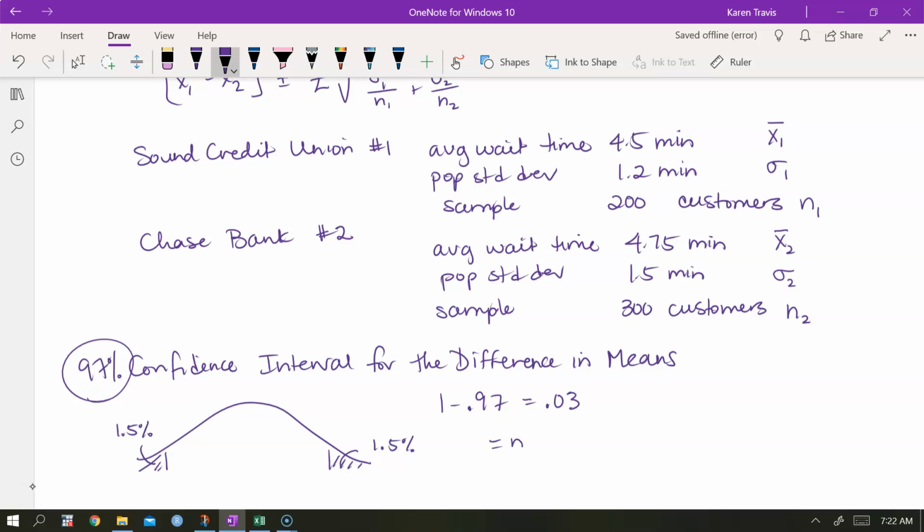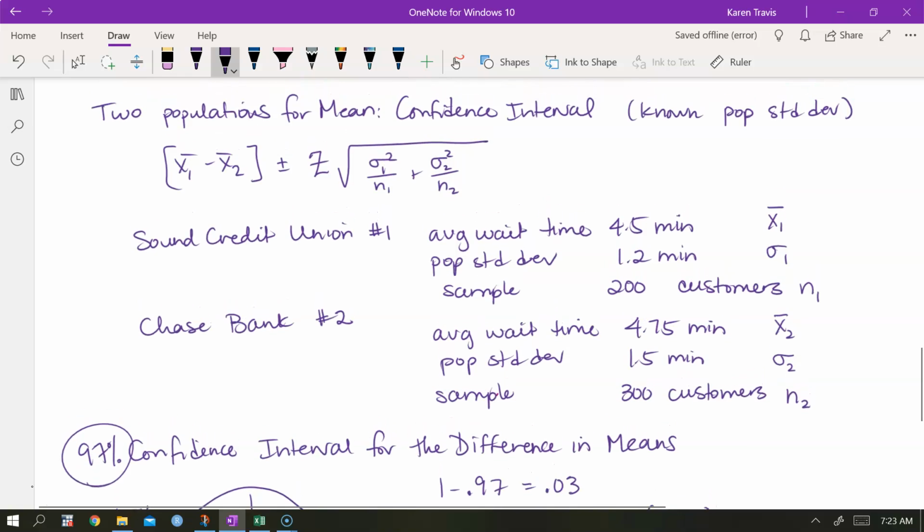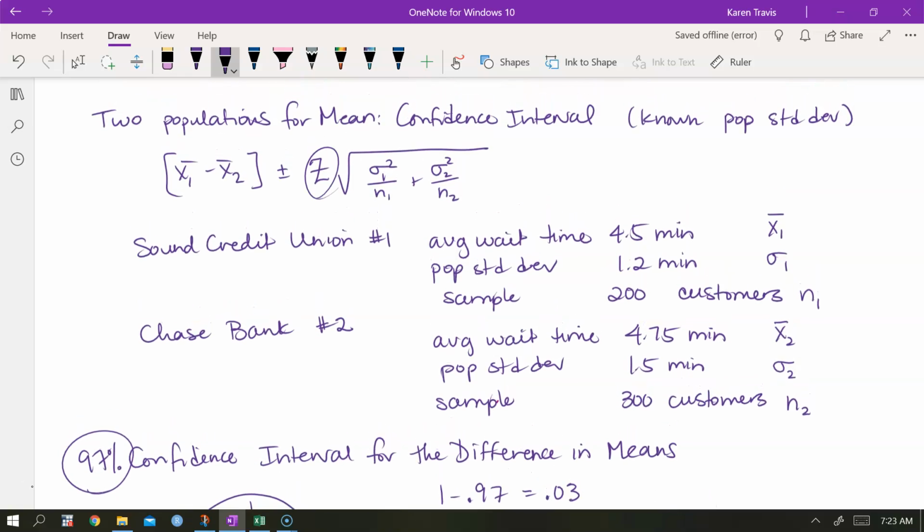If we use Excel to look up this amount, we can look up 0.015, and it will tell us the z-score is negative 2.17. That means this is positive 2.17. So this z is what we'll be using here.